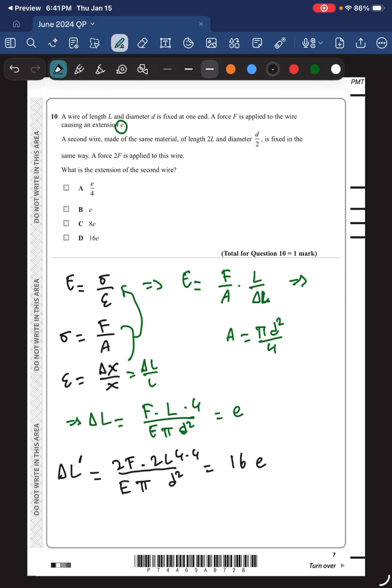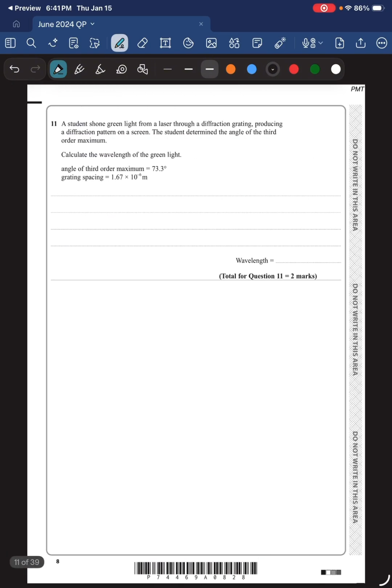Okay, now it's correct. Okay, I'm sorry, because I messed up: when we halve the diameter, we have to multiply by 4 in the numerator. So, okay, let's move on.